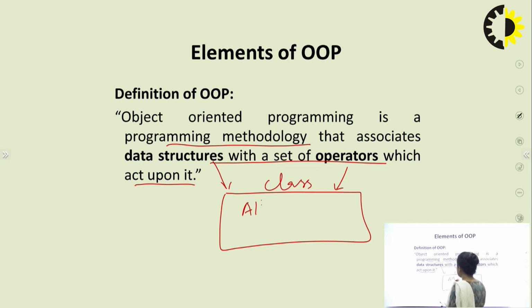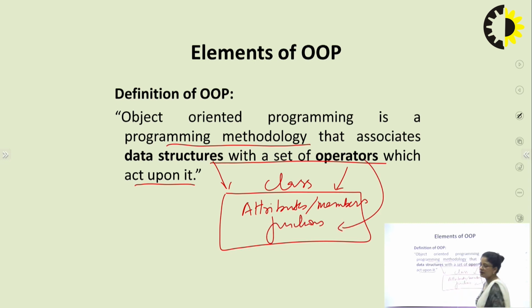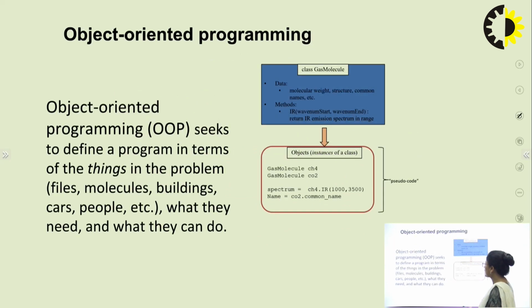Data structures we'll be calling attributes, or members, and the operations we'll be calling functions. So this is an important concept of object-oriented programming, and as we proceed, we'll talk on this more.